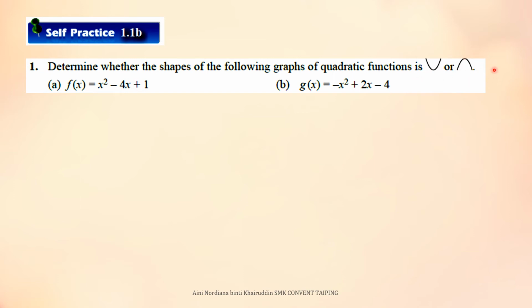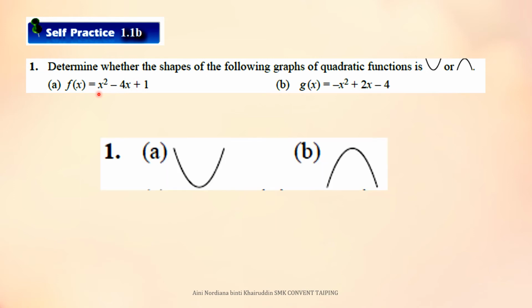To identify this, we have to look at the value of a. If the value of a is greater than 0, then we will have a smile shape graph. If the value of a is less than 0, then we will get the sad shape graph.